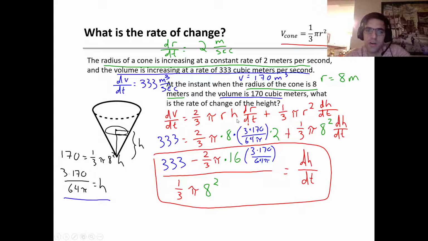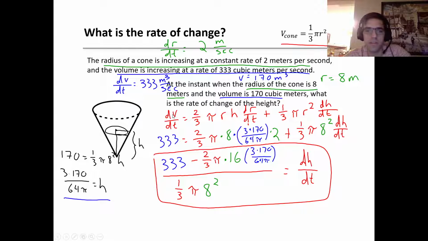So it's r dr/dt times h plus the whole first chunk times the derivative of h with respect to t. So first times derivative of second plus second times derivative of the first, or in this case, I did that backwards. Once we do that, we have our derivative equation, or our change in volume with respect to time.